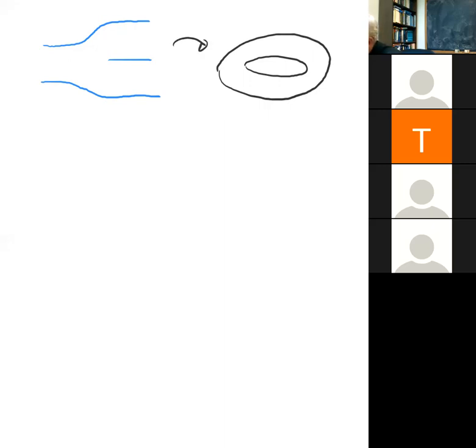So again, you can imagine two kinds of loops. You can imagine the kind of loop that I just drew that goes around the dislocation. That's a loop that goes around the torus like that. Or you can imagine another loop that doesn't cut through the dislocation. So you could imagine a loop over here.